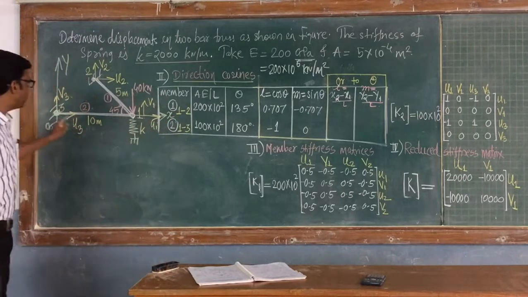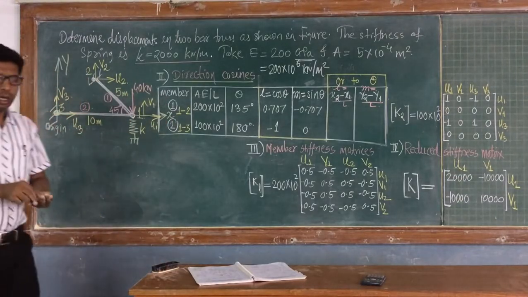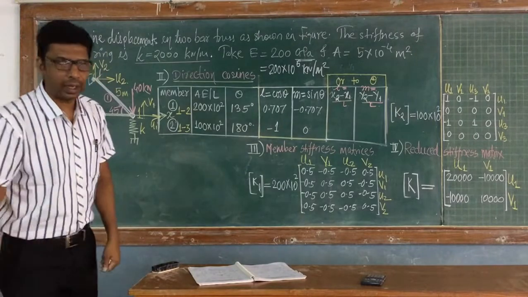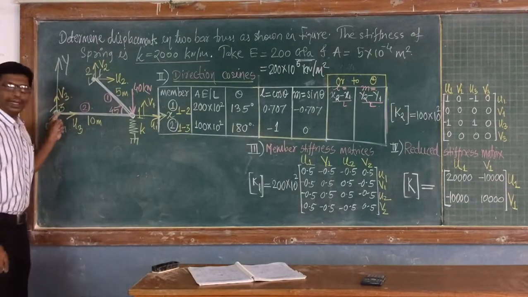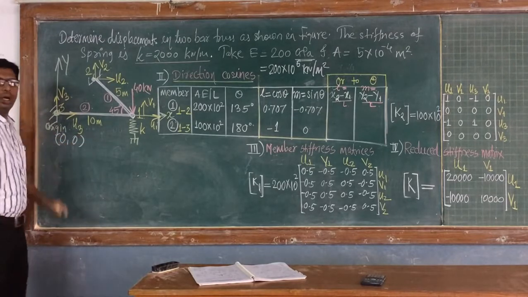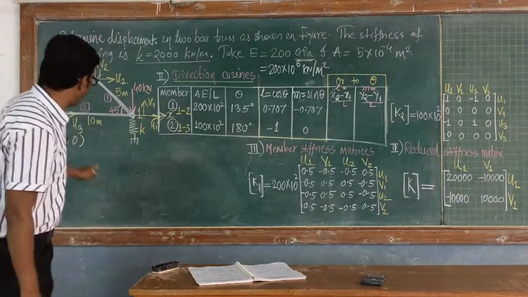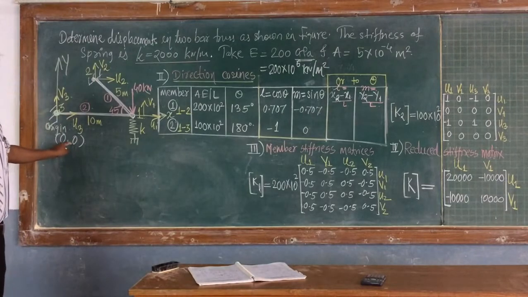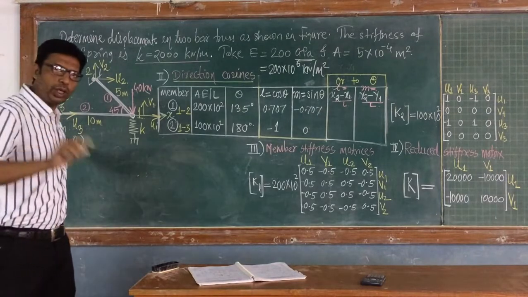Now with respect to this origin, since it is the origin, the coordinates of joint 3 are 0, 0.